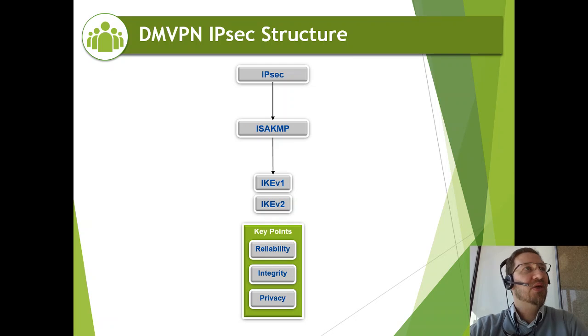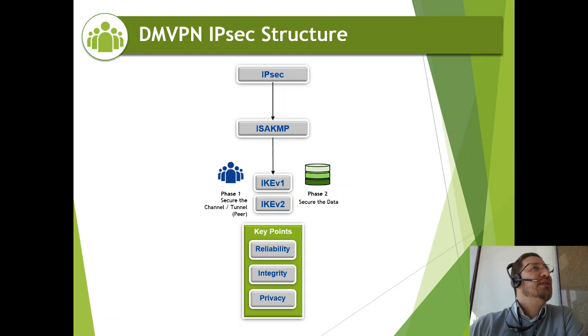Those are the objectives of the IPsec implementation on the DMVPN. This IPsec structure is divided in two phases. Phase 1 will make the tunnel interface secure, and phase 2 will make the data that uses this tunnel secure.